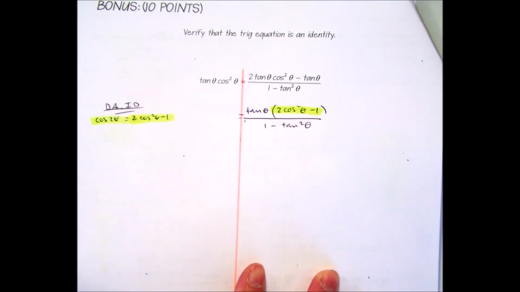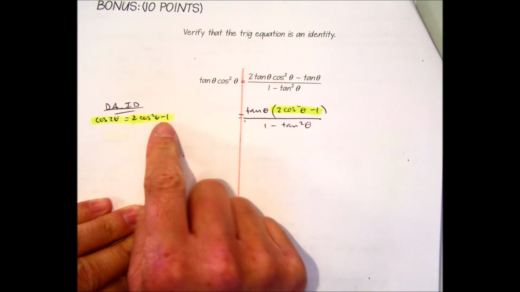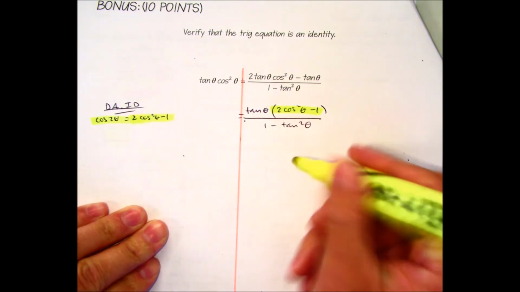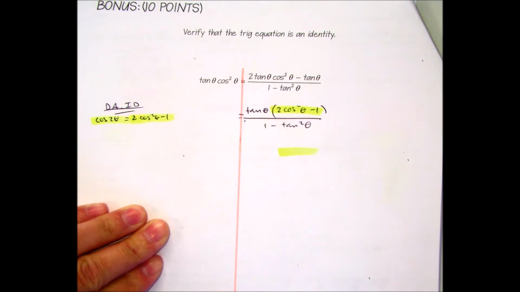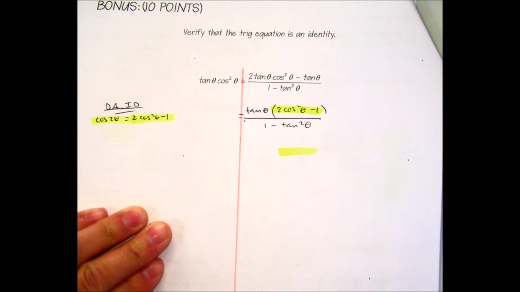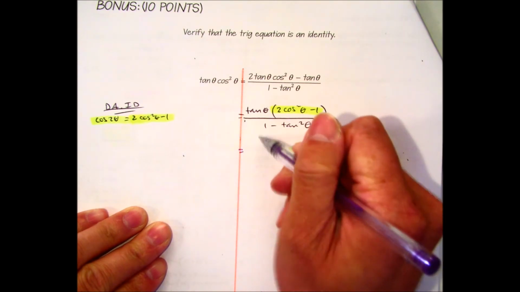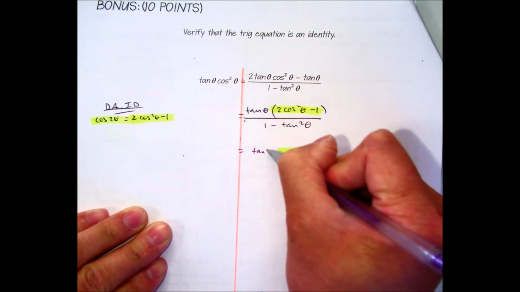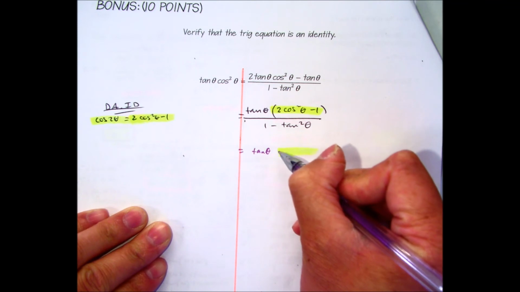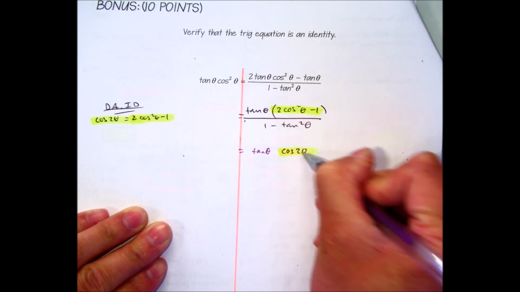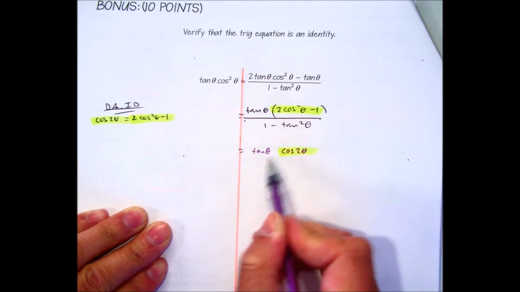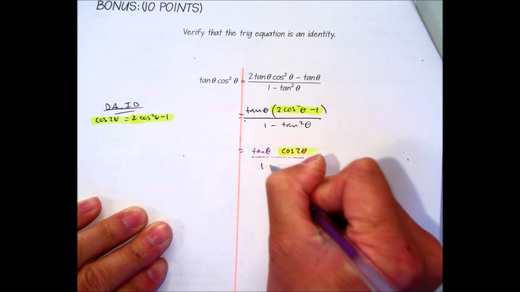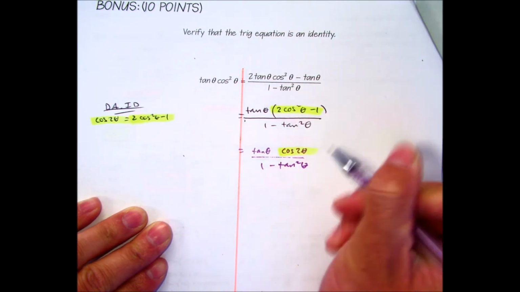So there. This is the double angle identity for cosine. So I have tangent of theta times the double angle identity of cosine, so cosine 2 theta over 1 minus tangent squared theta.